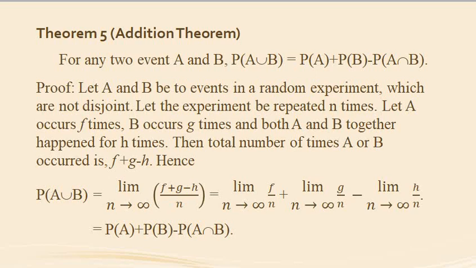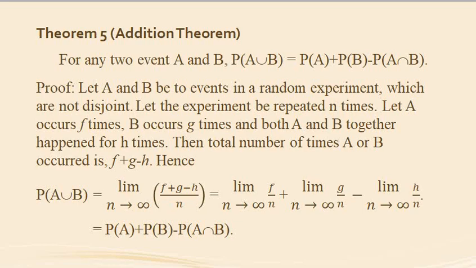So P of A union B equal to limit n tends to infinity of total number of times divided by n, which is f plus g minus h by n. Splitting the limit into the addition and subtraction, we get limit n tends to infinity f by n plus limit n tends to infinity g by n minus limit n tends to infinity h by n.